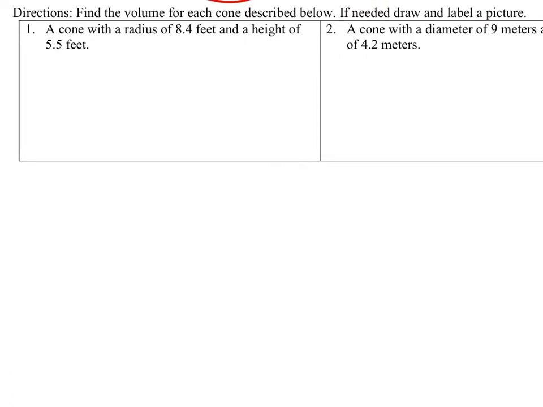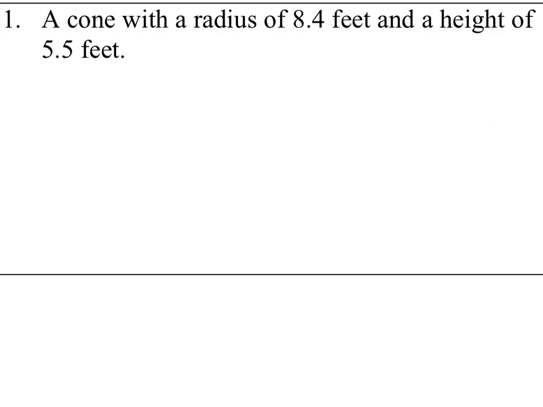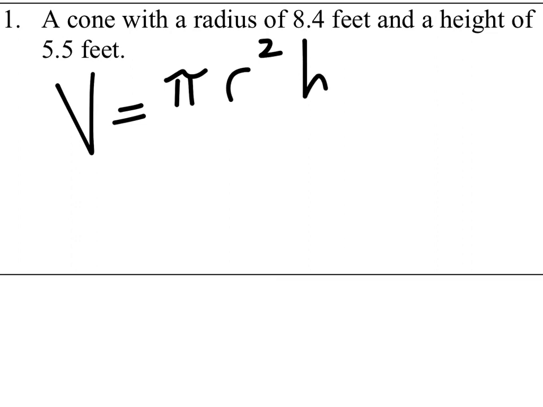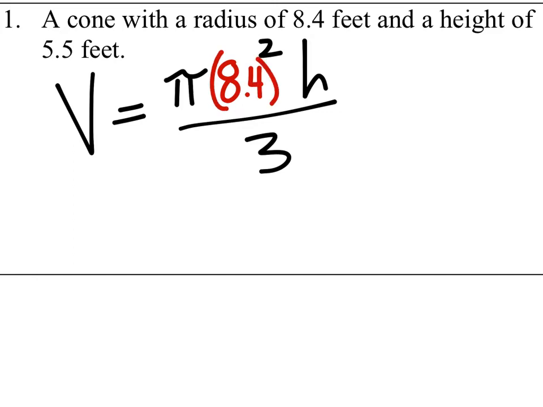So we're going to find the volume of each cone described below. We're not going to need the drawings for this because we just went over it. All we're going to need is the formula. The volume of this cone would be pi times the radius squared times the height, divided by 3. The radius is 8.4, which will be squared, and we can put that in parentheses if it helps.